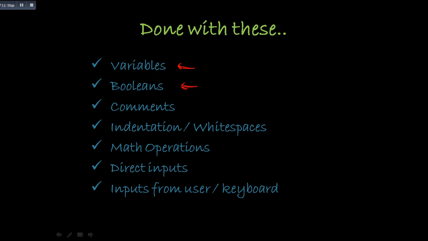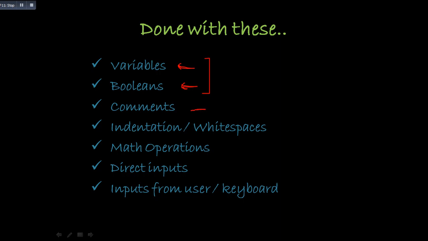In booleans we have learned that there are only two possible values, and those are either true or false. Using only those two conditions we can perform a world of possibilities in Python. So this is all about the data types, or we can say variables, in Python.